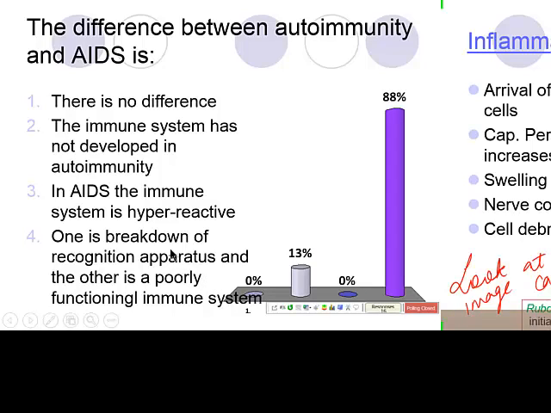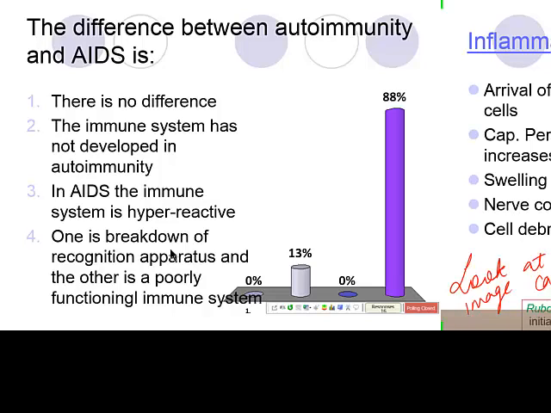Very good. Yes. In autoimmunity, it's immunity against self. So the immune system cells are not able to recognize self. So that recognition apparatus has broken down due to some reason. Okay, so that's why it's autoimmunity.